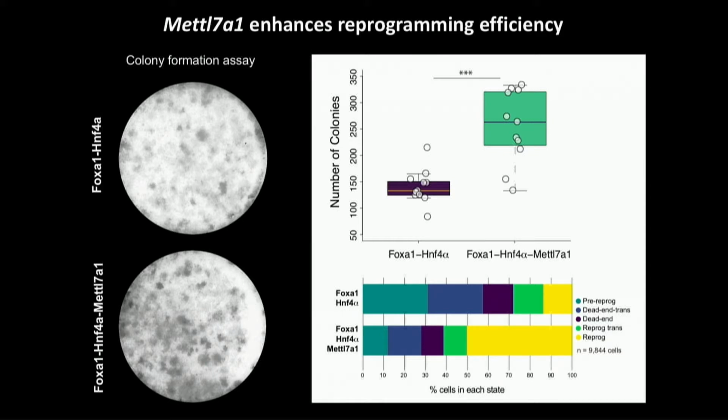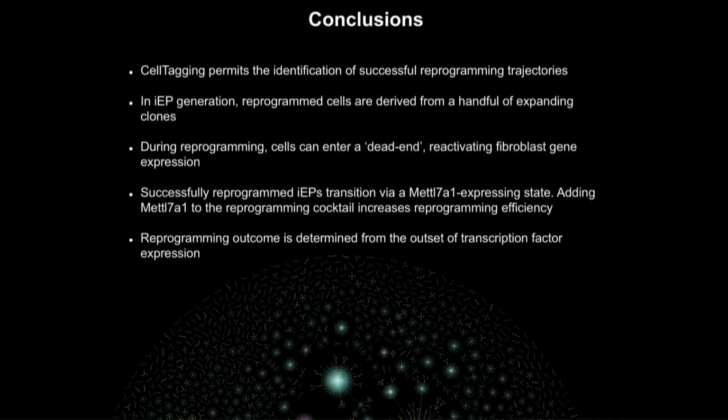Then when we look at single cell resolution with the standard cocktail and then the Mettl7a1 enhanced cocktail, we see way more cells in the fully reprogrammed state, suggesting this is enhancing the reprogramming process. And we have lots more candidates to test in this way as well. I think if we can get back to those origins, and find out what's happening in these cells that are reprogramming in a deterministic way, then that's going to throw up some interesting candidates.